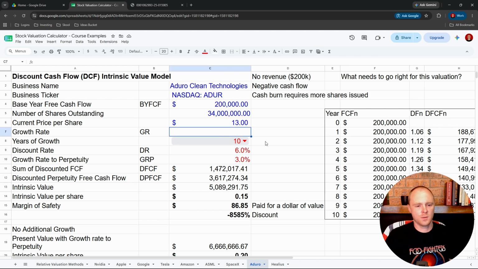So with this, the business, like last year, made $200,000. Okay, that's not cash, that's before everything. But let's just say in a magical world that this business made $200,000 in cash flow. Over the next 10 years, what would the growth rate of this business need to be for it to reach the current valuation?